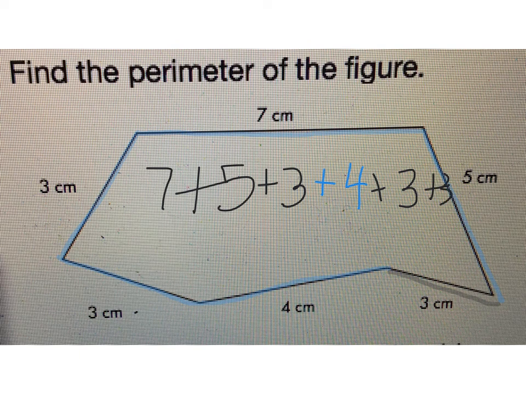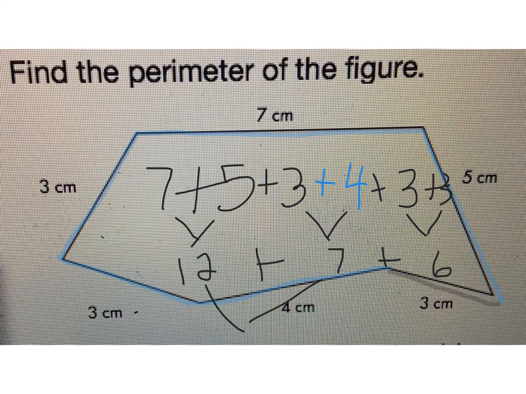Now I just do some adding, which as 5th graders, we know how to add. 3 plus 3, 3 plus 4, 7 plus 5. Be careful here because sometimes we forget. We're working with multiplication so much that sometimes we forget that this time we're adding, we're not multiplying. So we add those together. Now we have 12 plus 7.